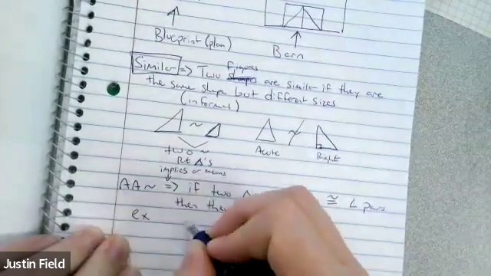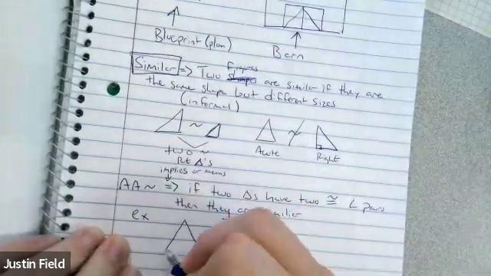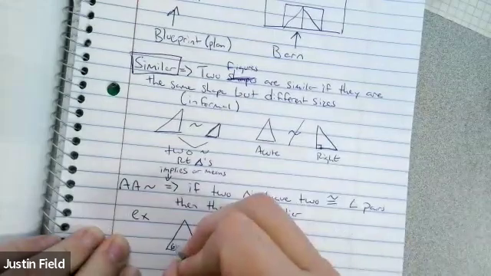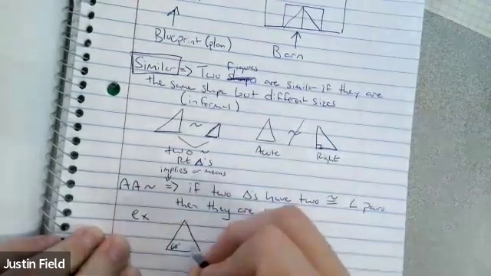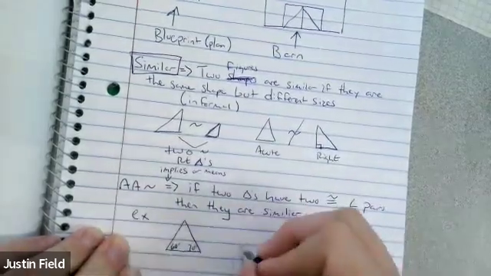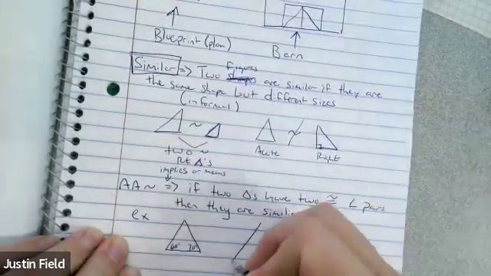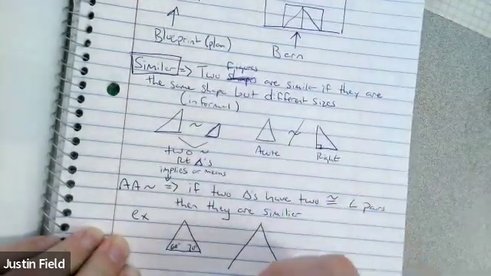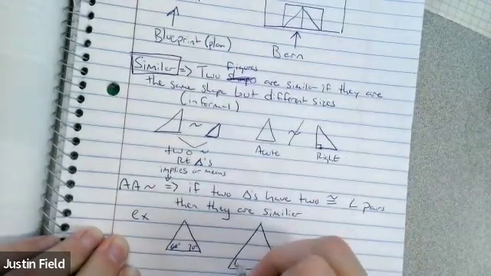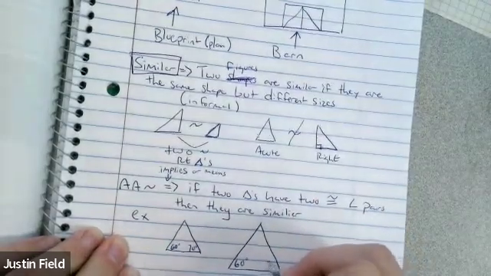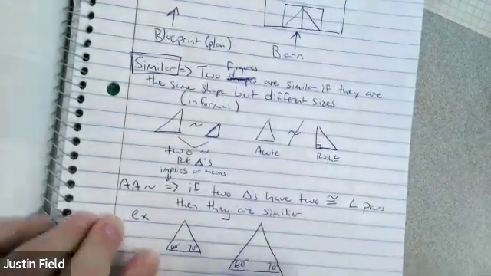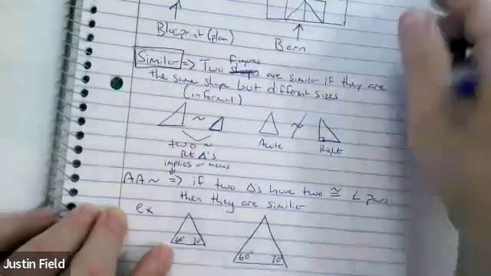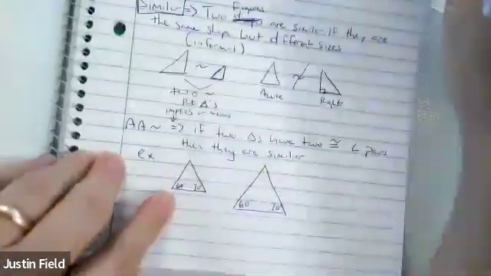Example, let's say we know that we have a 60 degrees over here and a 70 degrees over here. And I have an even bigger triangle, but it has 60 degrees over here and 70 degrees over here. So then we have two congruent angle pairs.